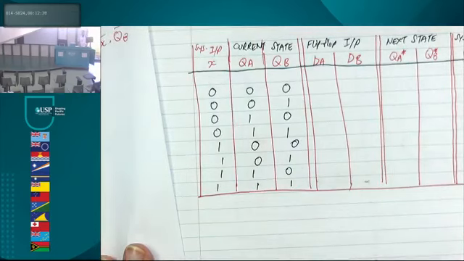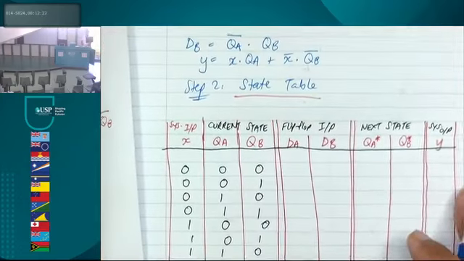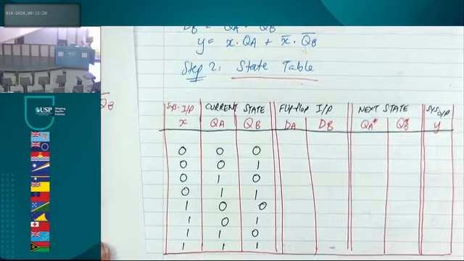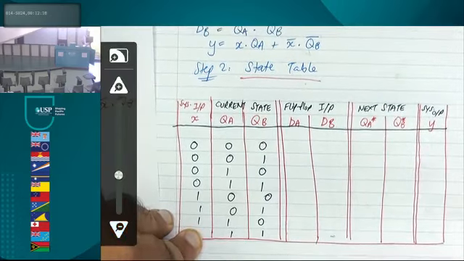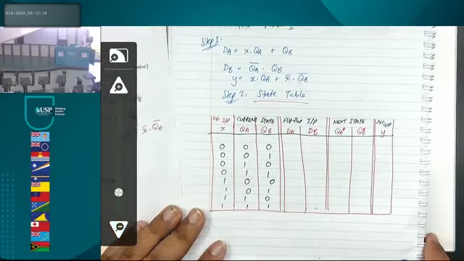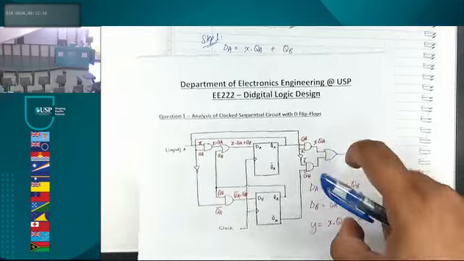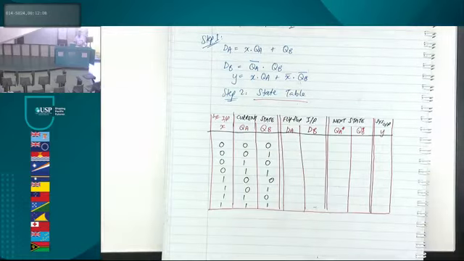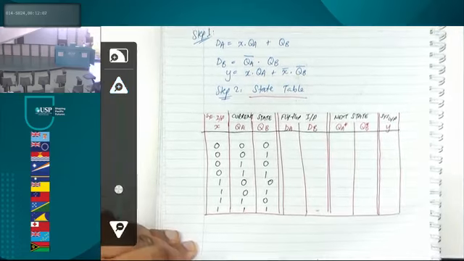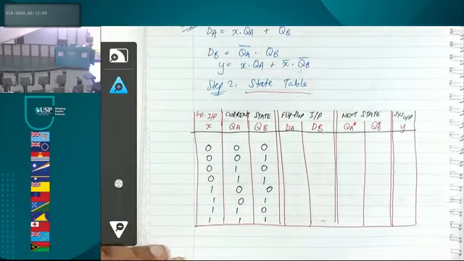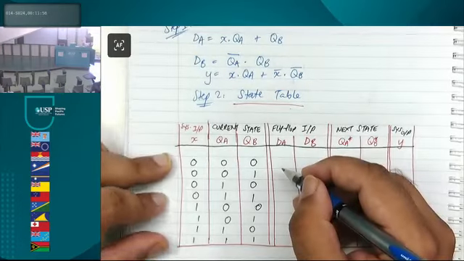Right, the next part. Let's look at DA. Now DA, we've got the formula. Right, so let's put it all on one page. We have the formula. Okay. Set. We don't need to look at the circuit anymore because we've got the equations. Bang. Done. All right. Now DA. What is DA equal to, guys?